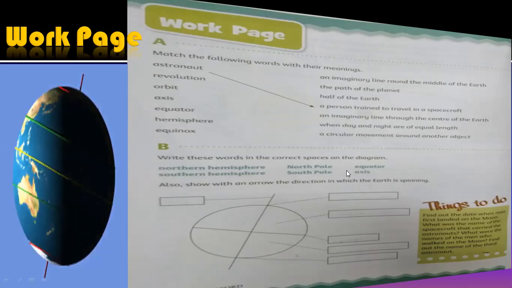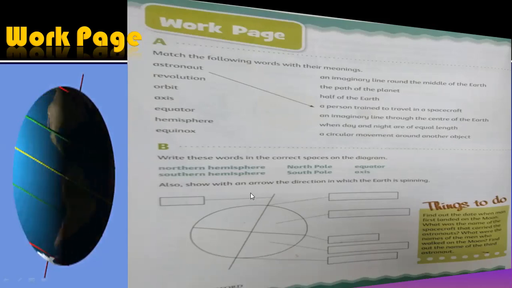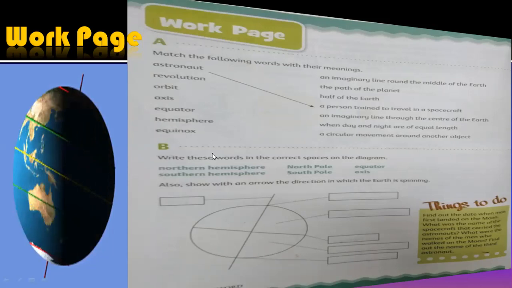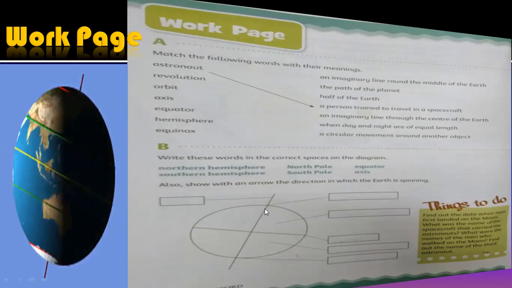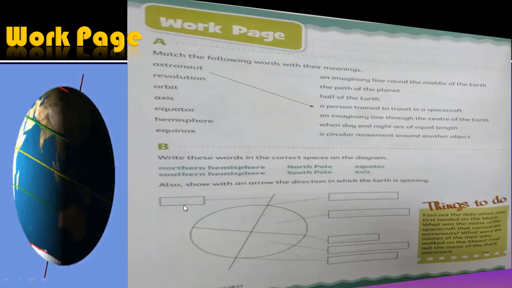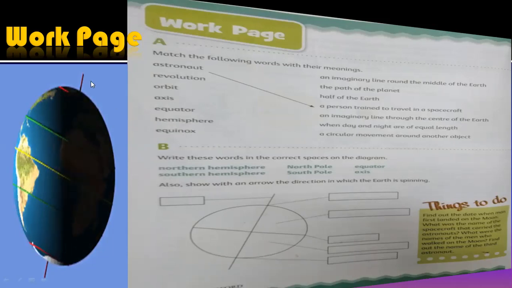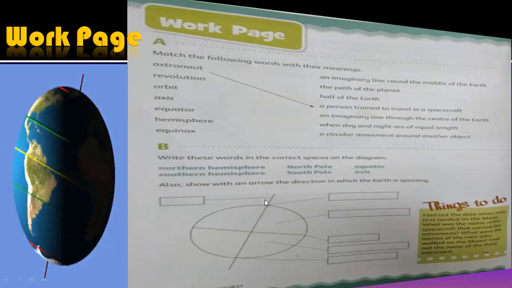Down, the second one, B: write these words in the correct spaces on the diagram, like this one: northern hemisphere, southern hemisphere, north pole, south pole, equator, and axis. See this one. Number one, this side is called axis. Here we can write this one, axis. And the second one, you know, our earth has two poles, north pole and south pole.